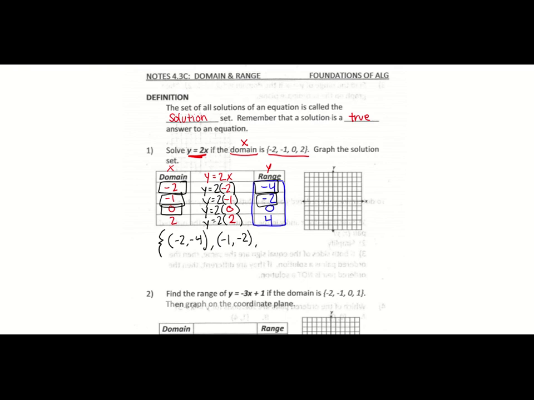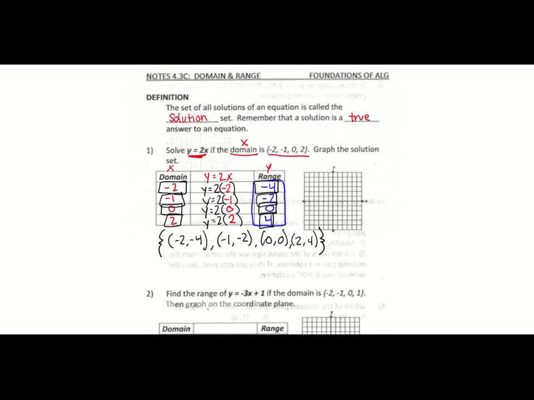I have 0 and 0. And then I have 2 and 4. And it's important that you keep these lined up. So the 2 and the 4 have to go together. Same with the 0 and the 0. Those numbers go together in this equation. So this is my solution set, and it's asking me to graph these points.